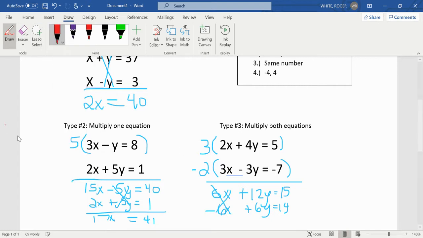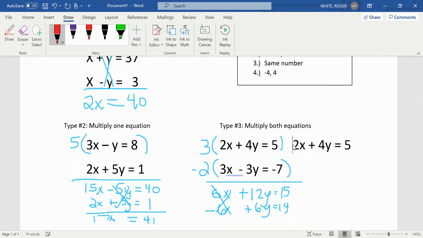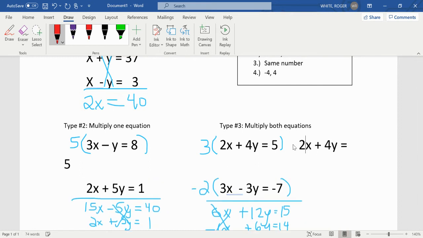Now, let's look at this example here where I'm going to copy the equation. So 2x plus 4y is equal to 5.